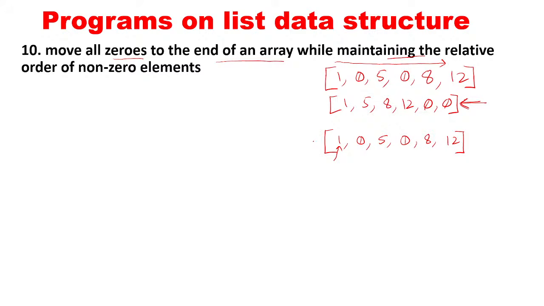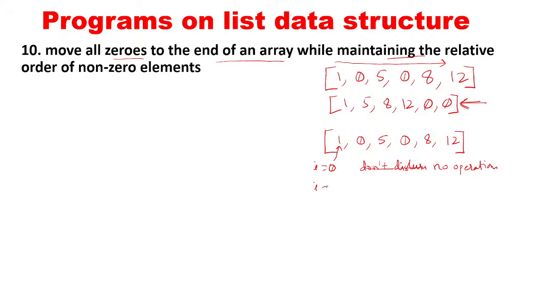I need to scan the array, initially starting with i equal to 0. So the 0 index element I'll test here. It is non-zero, so don't disturb the array. No operation, no movement of elements here and there.